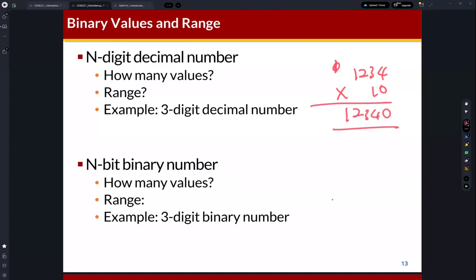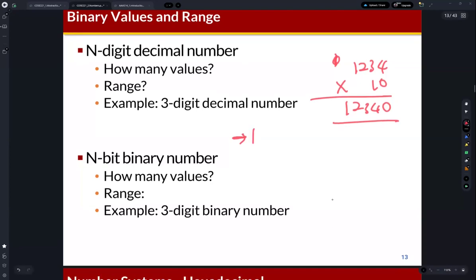But here we are learning about hardware, and hardware resources are used for handling a certain number of digits.